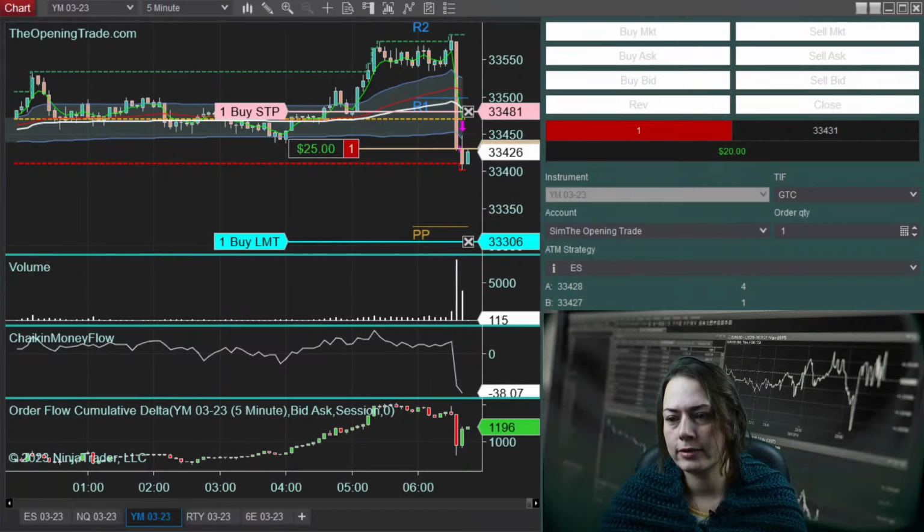Okay, so we might potentially get stopped out, but again, it's a part of trading. If every day was a winner, you wouldn't be trading.